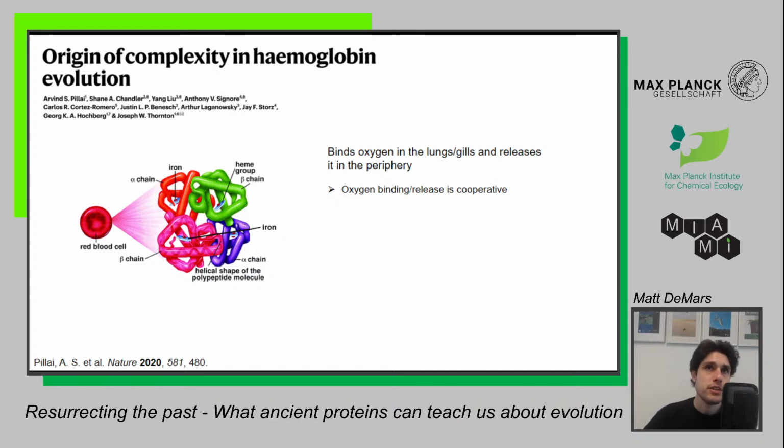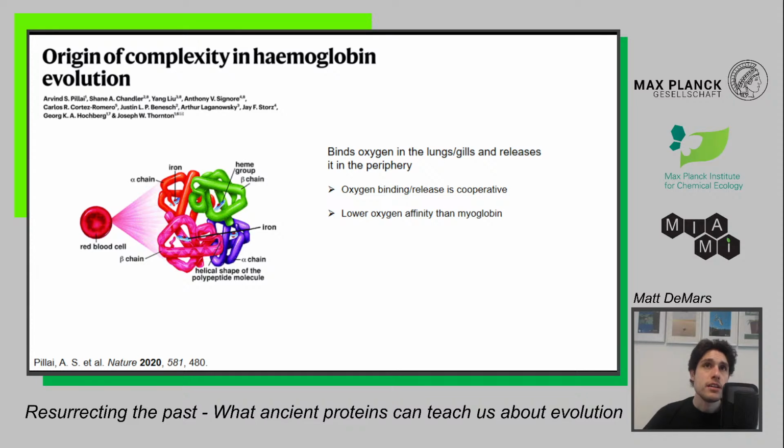So it's basically 4 separate proteins in one large quaternary structure that makes up the total molecule. And so once oxygen binds to one of these chains, the affinity for oxygen for the other chains increases. So it allows oxygen to bind more quickly and to be released more quickly in the periphery.